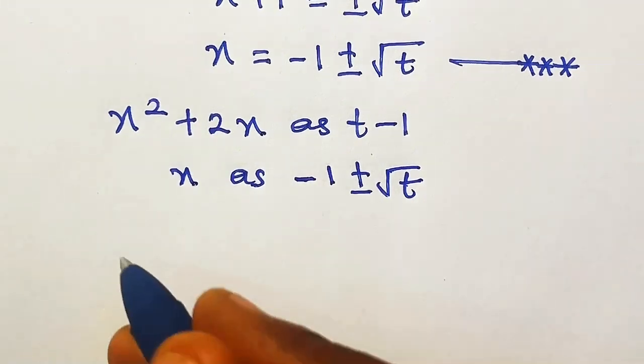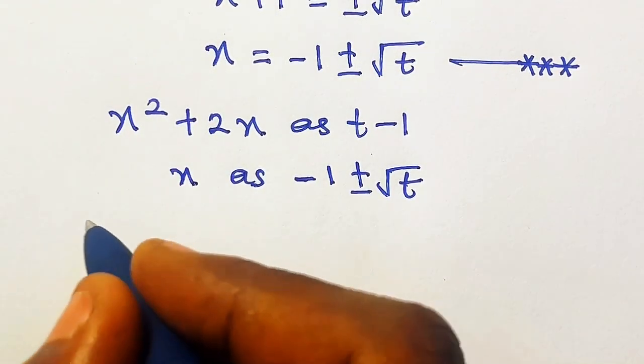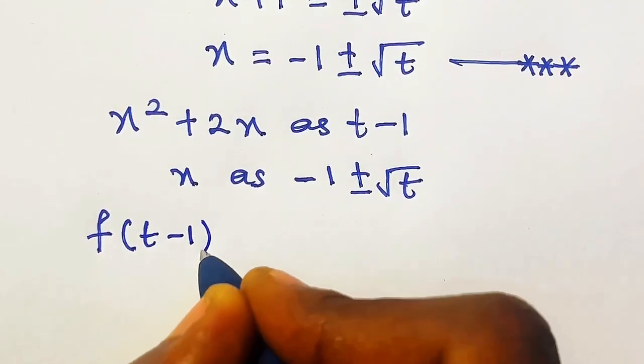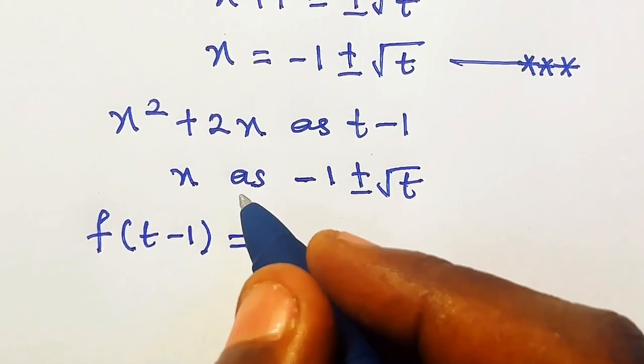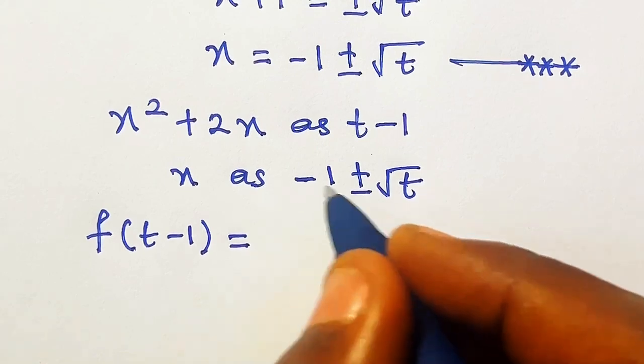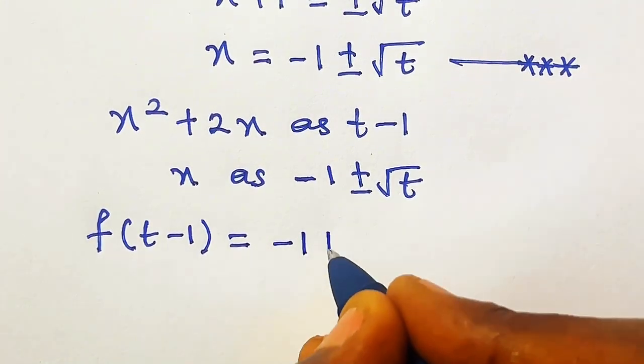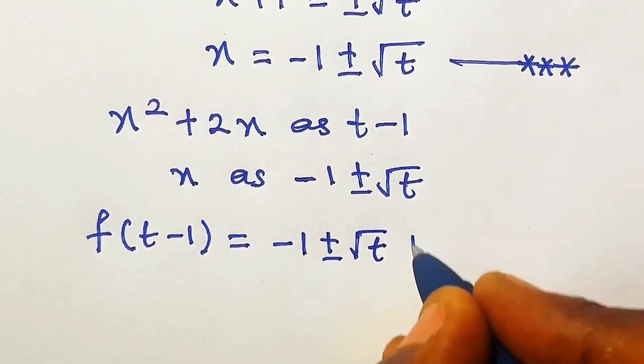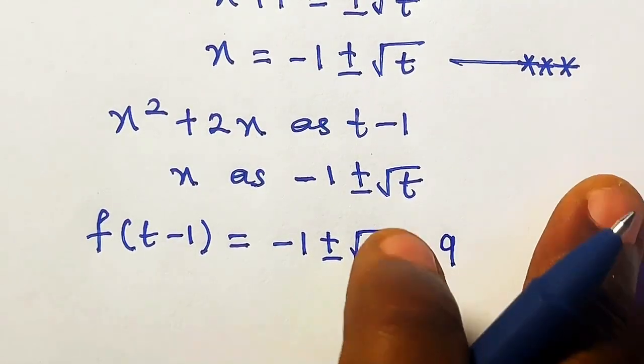Alright, so now the original function will become f of t minus 1 equals, remember, we have x, which is minus 1 plus or minus root t, plus 9 from the original function.